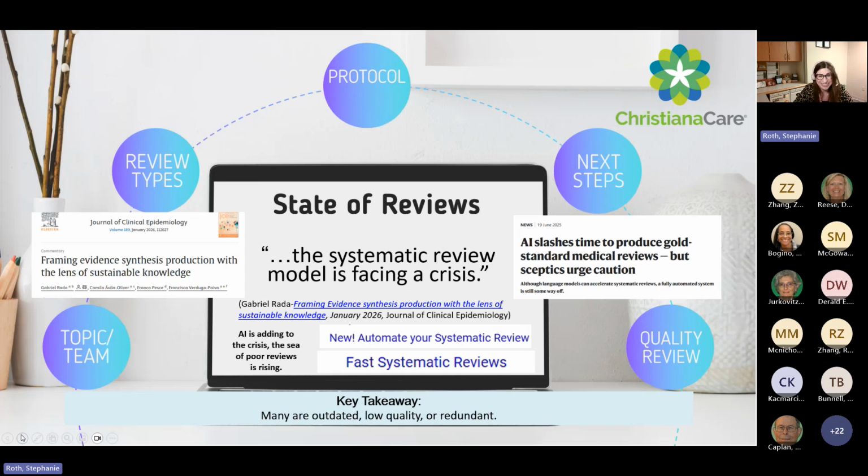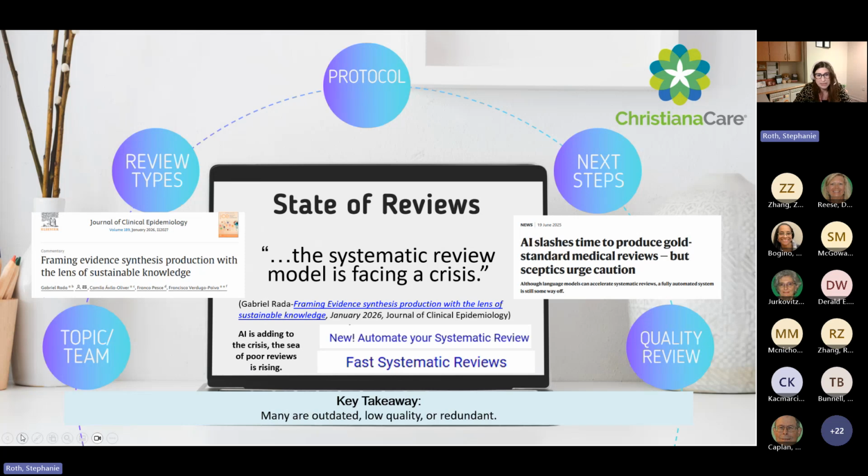I devoted my whole career to systematic reviews, and not actually on purpose. It's just that systematic reviews kept finding me and pulling me back in somehow, because there were two points in my career where I could have walked away for good and never touched another review. But it just kept finding me. And I didn't talk about the whole story of becoming a librarian, but a lot of that was a chance thing as well.